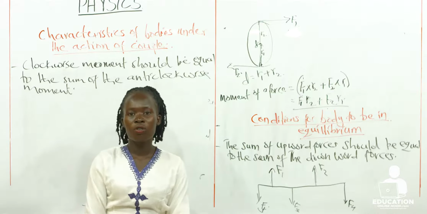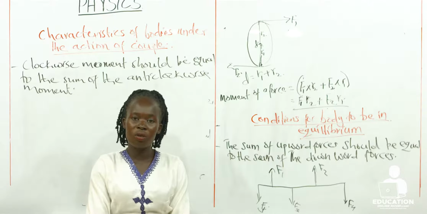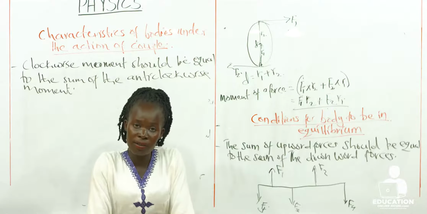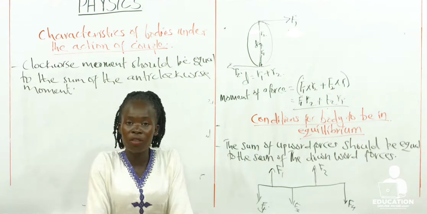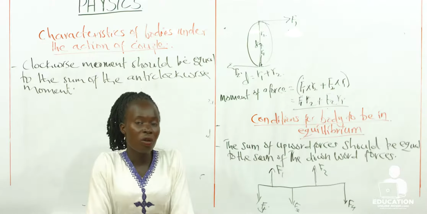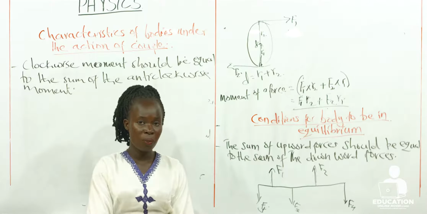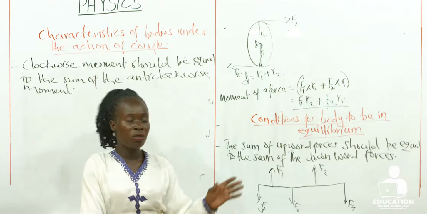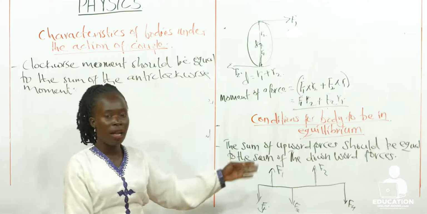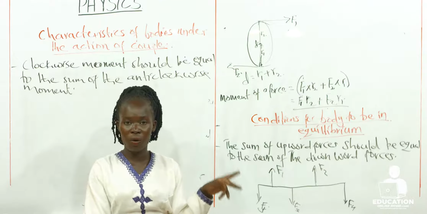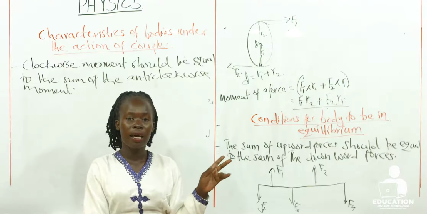So how would you find that? That means that you will need to find which forces are acting in the clockwise direction and which forces are acting in the anti-clockwise direction. So when you find those two, then you try to compare. So for you to have an equilibrium, the clockwise moment and the anti-clockwise moment should be equal.